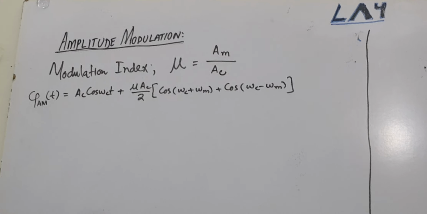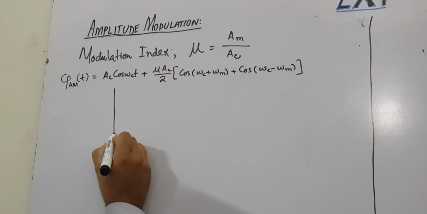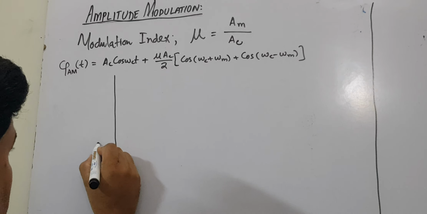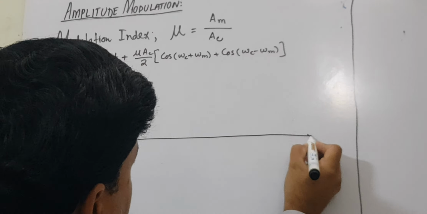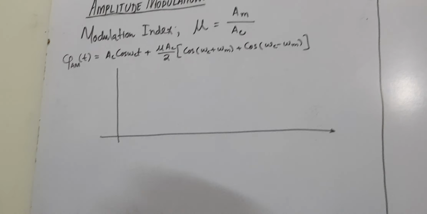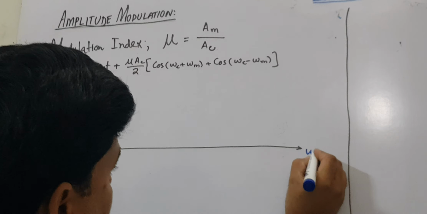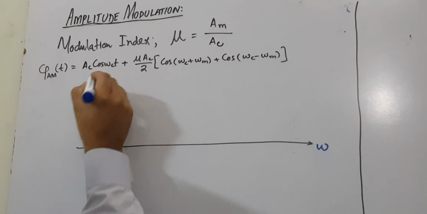If you want to write it in terms of frequency content, we can see that this is omega, and that is the carrier.